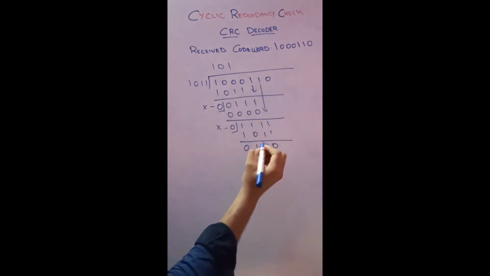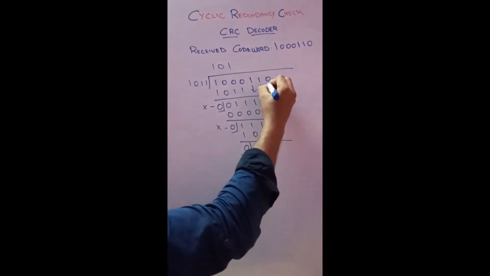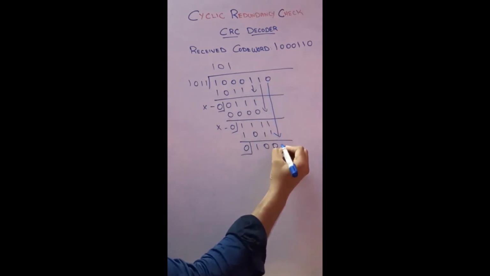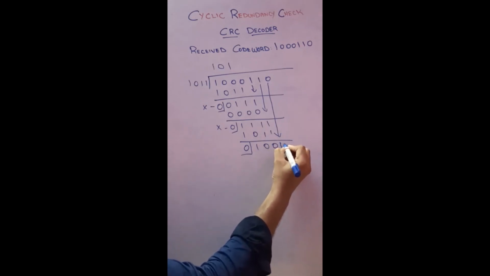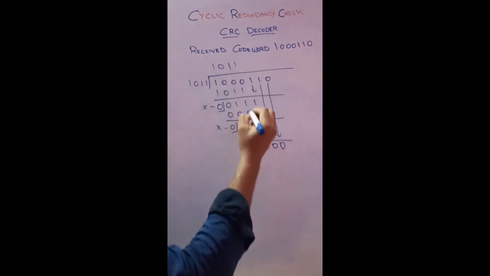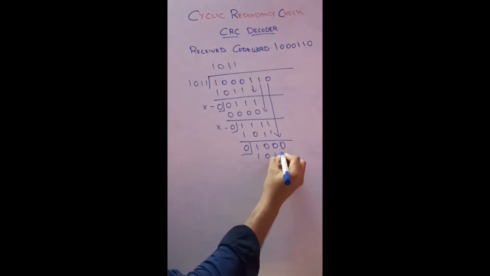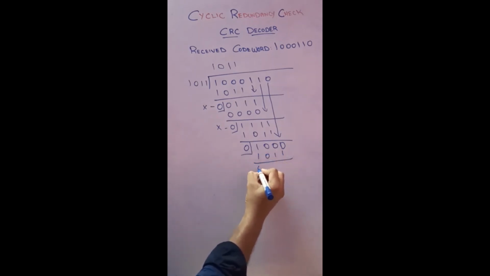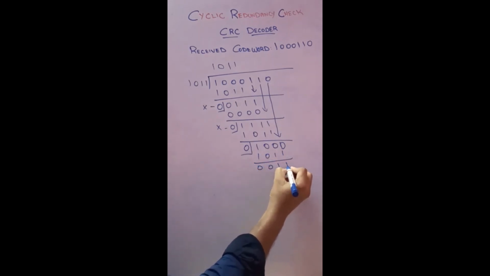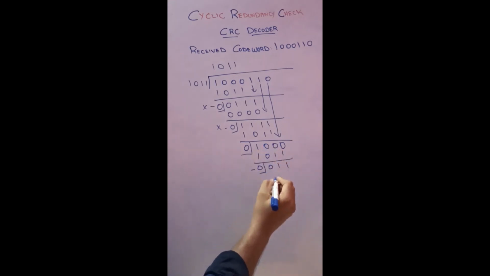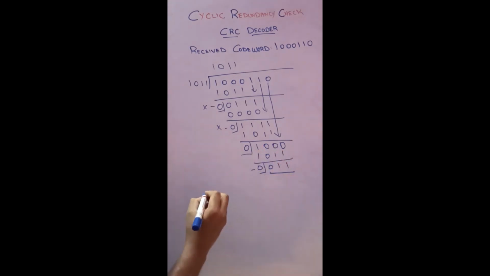Remove this and look at the most significant bit, which is still 1, so drop down the next value 0 and multiply with 1, so it is 1, 0, 1, 1. Now 0, 0, 1, 1. Removing the most significant bit, you can see the remainder is 0, 1, 1.